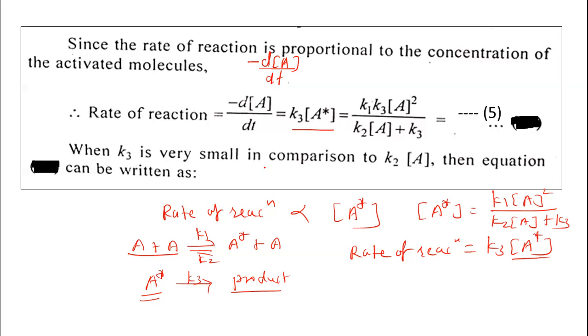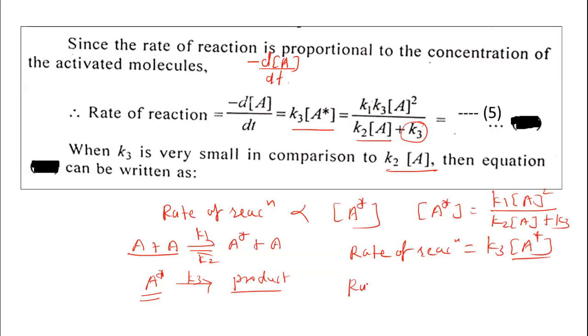Okay, if K3 is very small in comparison to K2 into A, meaning this reverse process, K2 into A, then K3 can be neglected from this equation. Then the above equation can be written as follows.